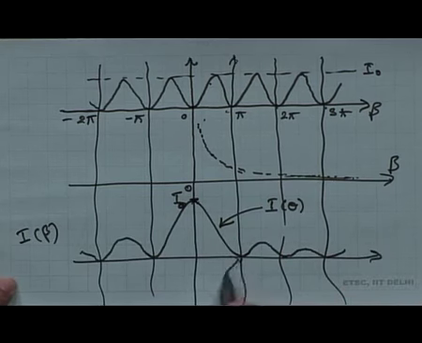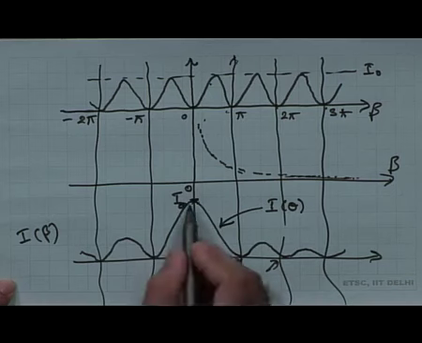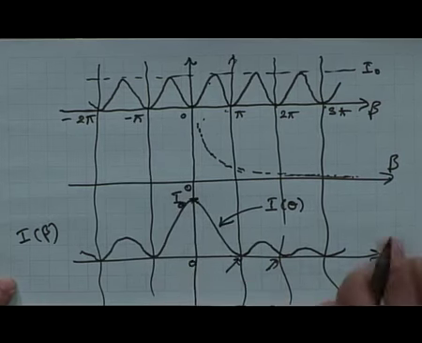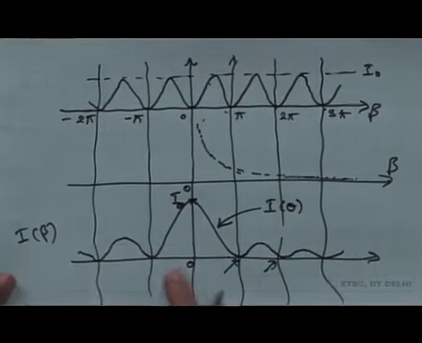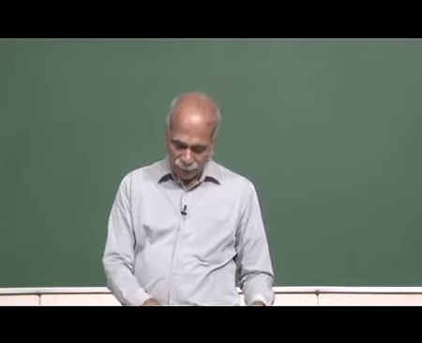Now, we are interested in finding the positions of minima and maxima. So, the central maxima occurs at beta is equal to 0, that is theta is equal to 0, which means on the axis of the slit. So, let us see the positions of maxima and minima.